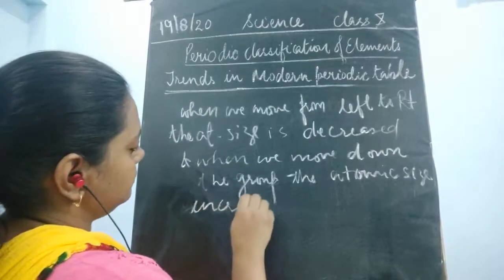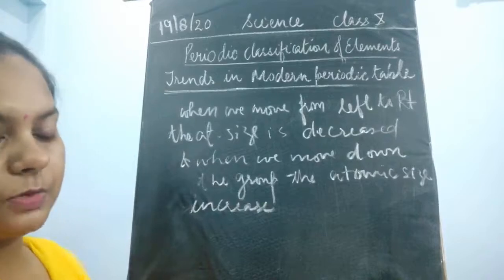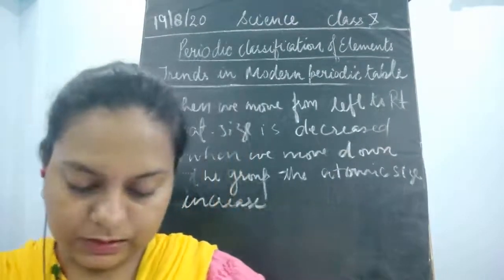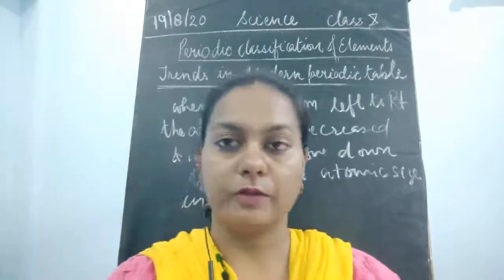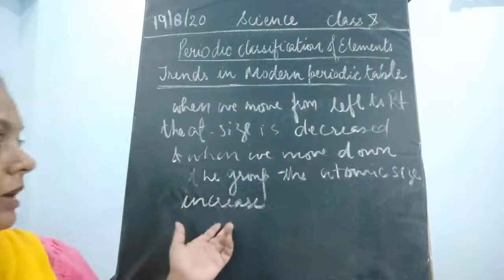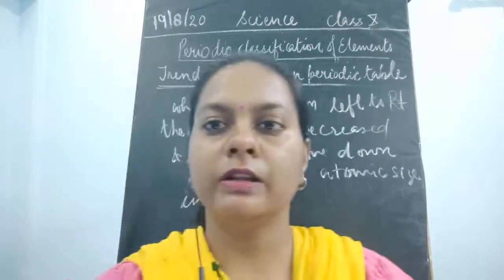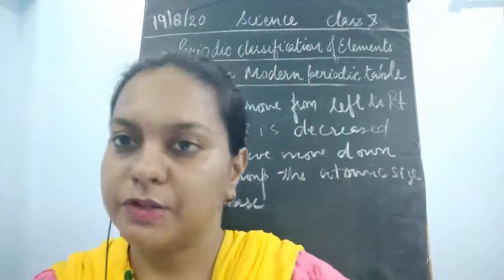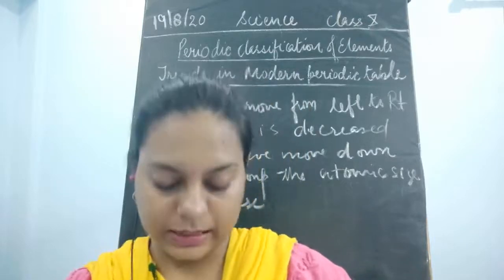Now, why is this happening? Whenever we are moving down the group, the atomic size is going to increase because the number of shells are being added. Okay, if the number of shells is increasing, it means the atomic size is increasing.